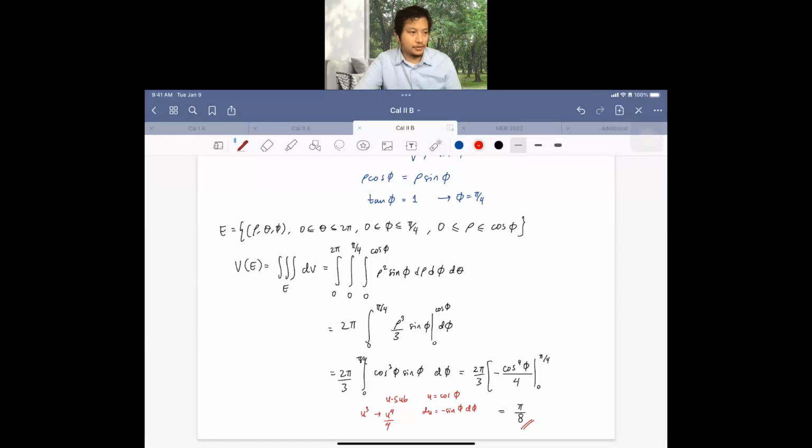Okay, perhaps any questions if you have something to discuss? If not, let me give you one more example, and I think we can move to 15.9, the change of variables in integrals, or Jacobian formulation.